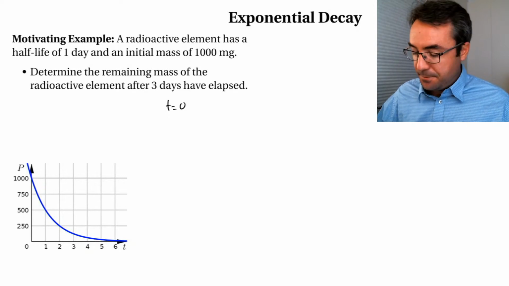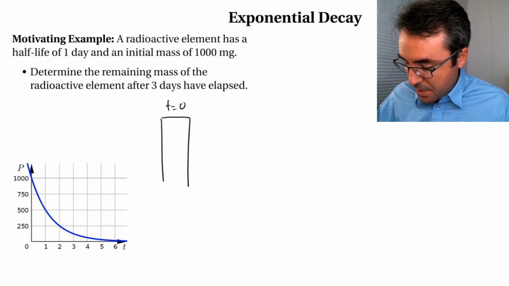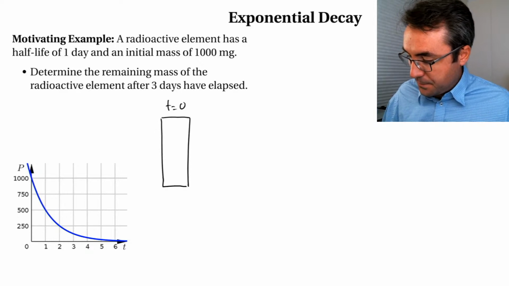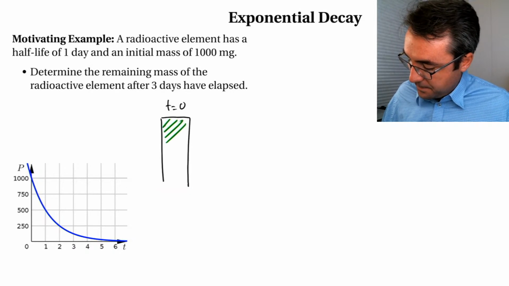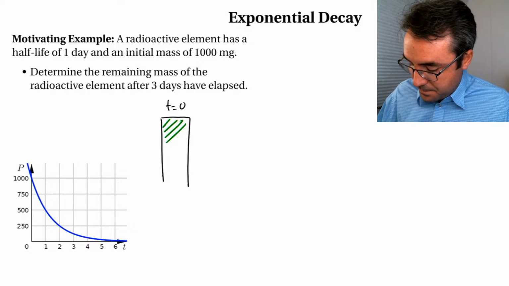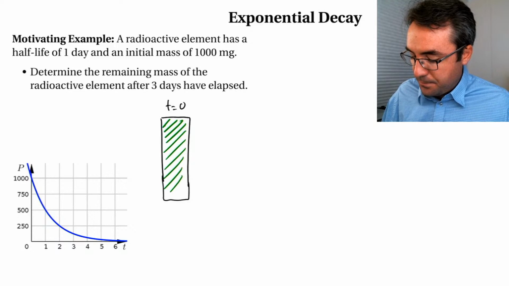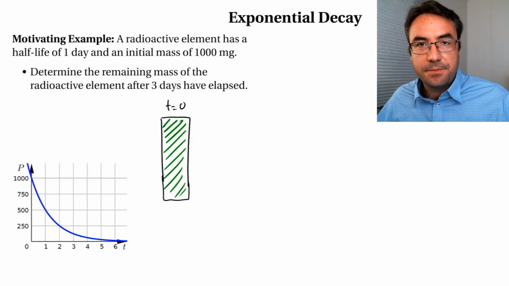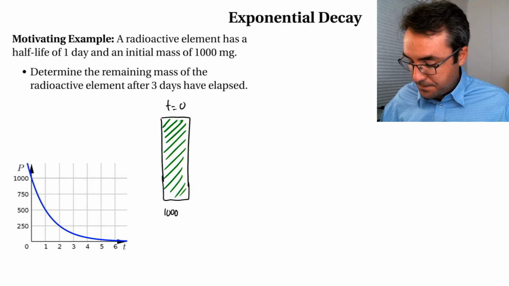What do we have? We have our sample, and I'm going to make that a little bit bigger. We have our sample, and it's all radioactive. So there's 1,000 milligrams here.